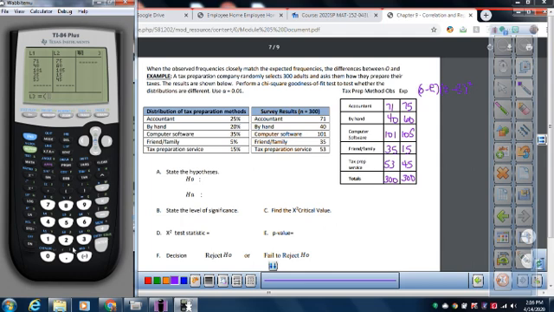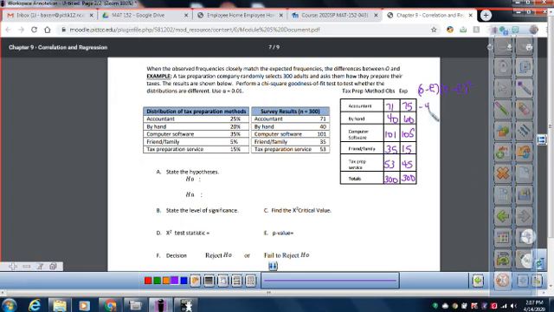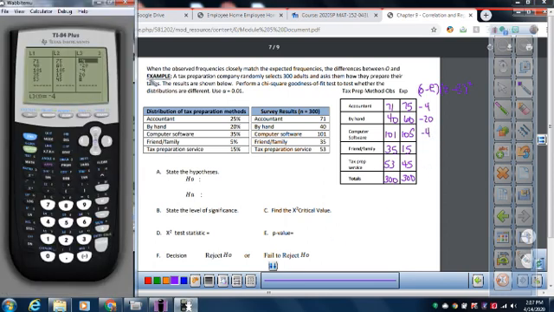And I'm going to do list 1 minus list 2. So I get -4, -20, -4, 20, and 8.